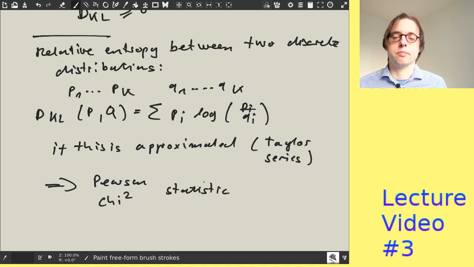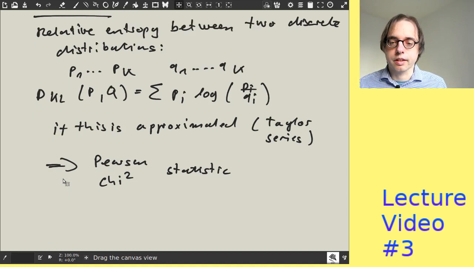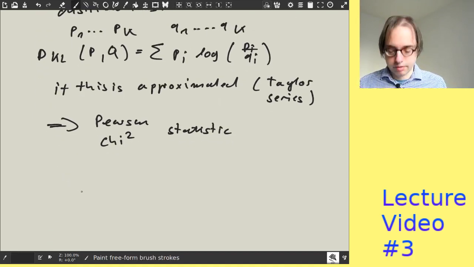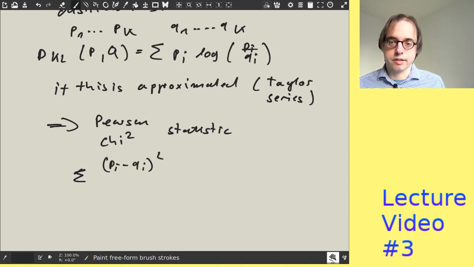So from year one, you know that there are some formulas to characterize the difference between two discrete distributions, and one of them would be the sum over the pi minus qi squared divided by qi, and this is the Pearson statistic.